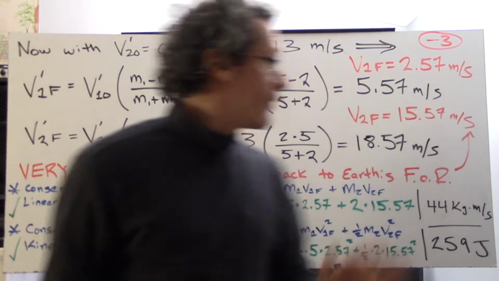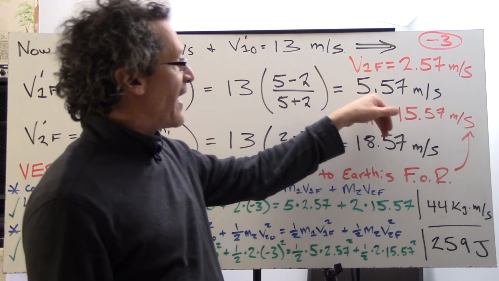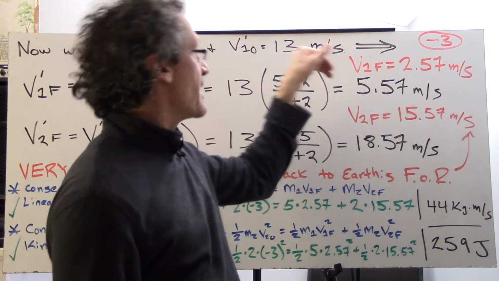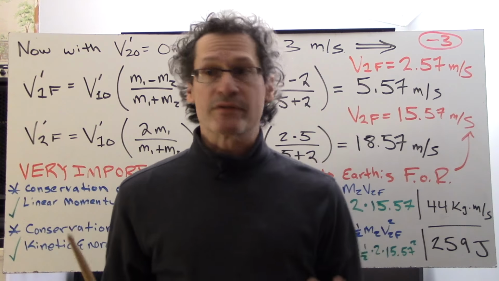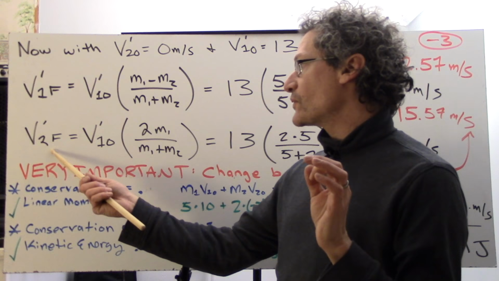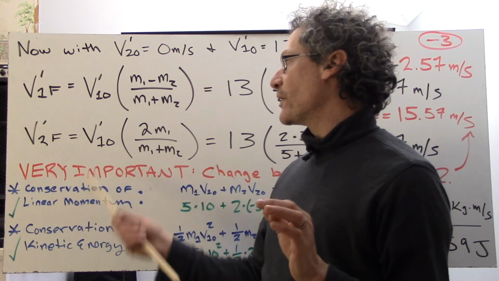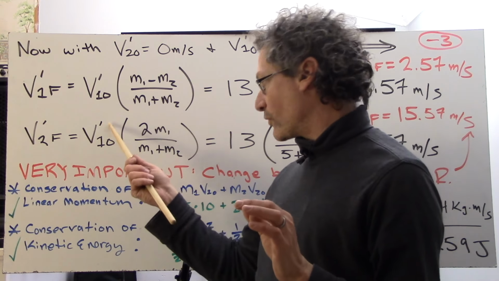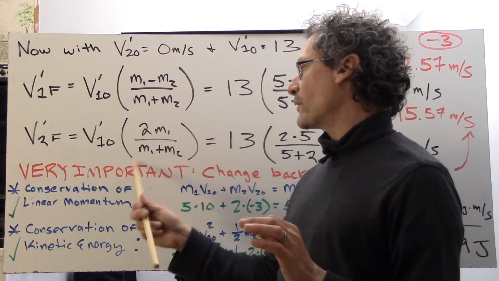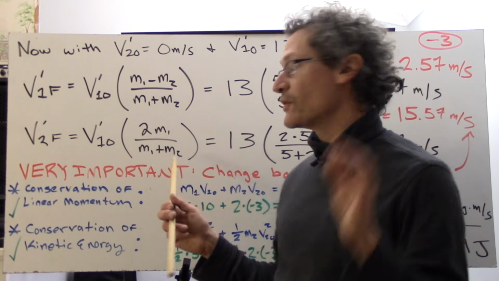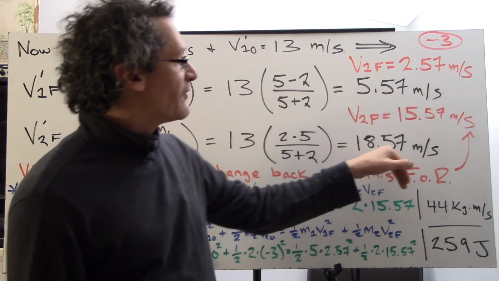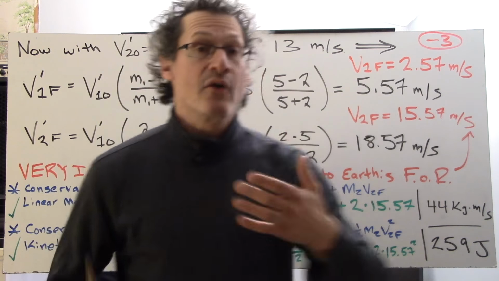When I crank that out, that becomes 5.57 meters per second in this prime frame of reference. We go to v2 final prime equals v1 naught prime times 2m1 over the sum of the masses m1 plus m2, and what we get is 18.57 meters per second.